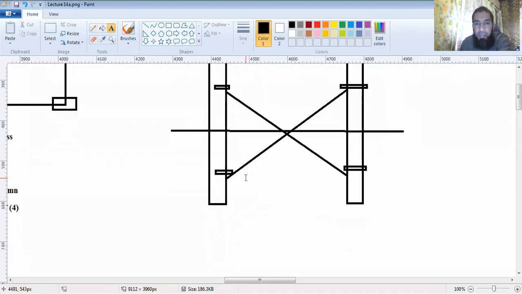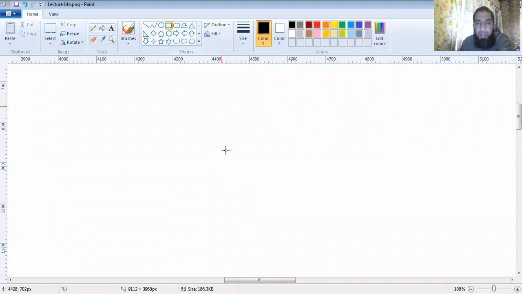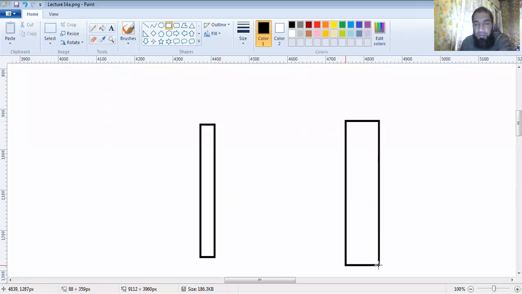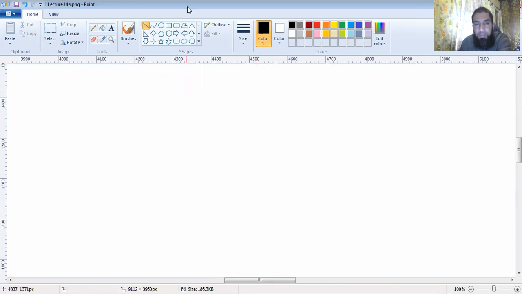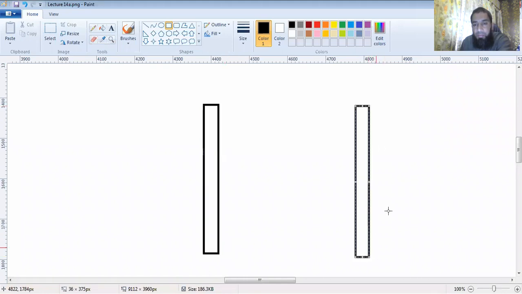Now, there are different methods of bracing the columns. That was one method. You could have a brace somewhat like this, and have a brace starting from the center somewhere here.